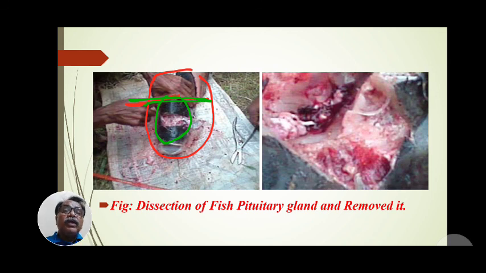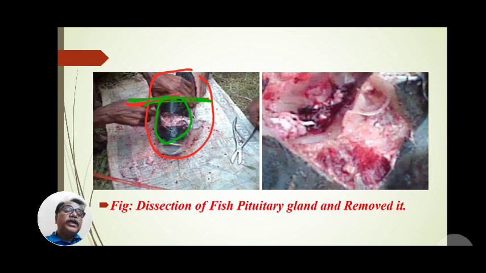Any one suitable preservative we select, and in it the pituitary gland is preserved for a future experiment. It can be used after 10 days, after 15 days, or after 1 month, and it shows the same result as one removed today. Even after 10 days in such a preservative, it gives the same result.